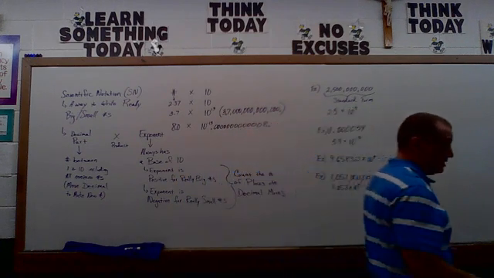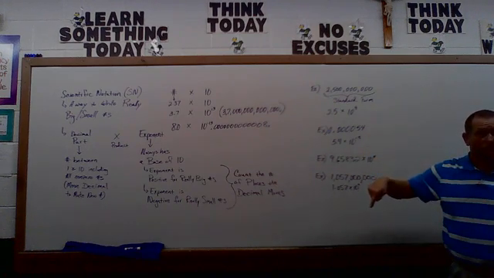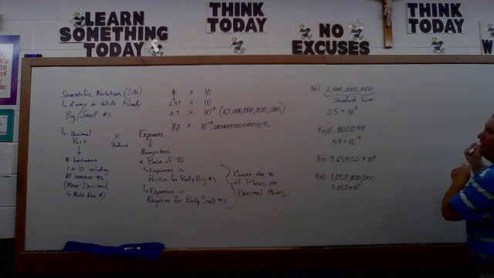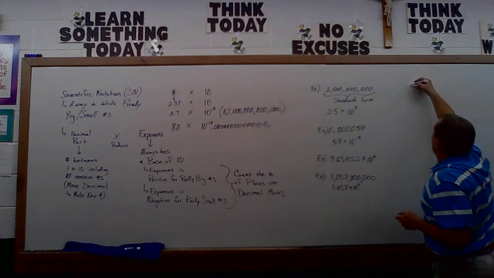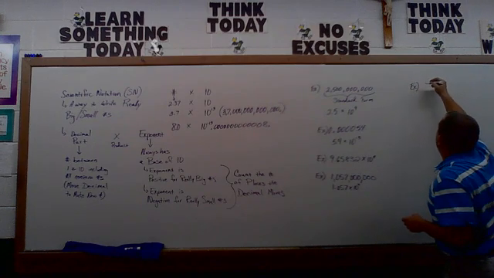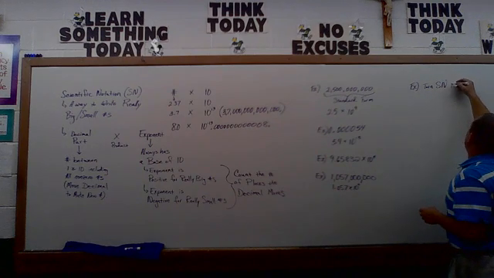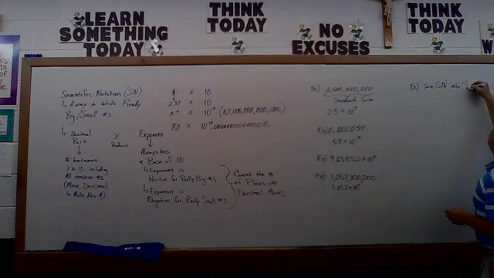Okay? Questions there? So we went from standard form to scientific notation. All right, so it makes sense that we can go the other way. So the next ones are going to turn scientific notation into standard form.